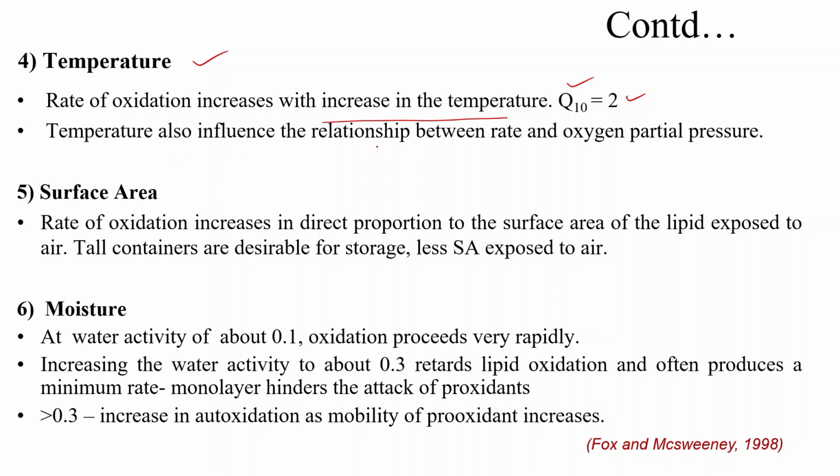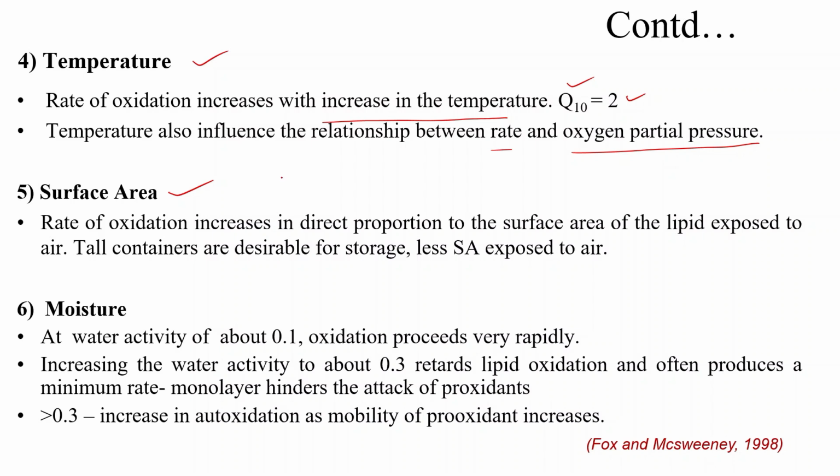Temperature also influences the relationship between rate and oxygen partial pressure. As I already told, when the partial pressure increases, the auto-oxidation process also increases. Now coming to surface area, it is generally preferred that tall containers be used. If tall containers are used, less area of the oil is exposed to the air, and then there will be less auto-oxidation.